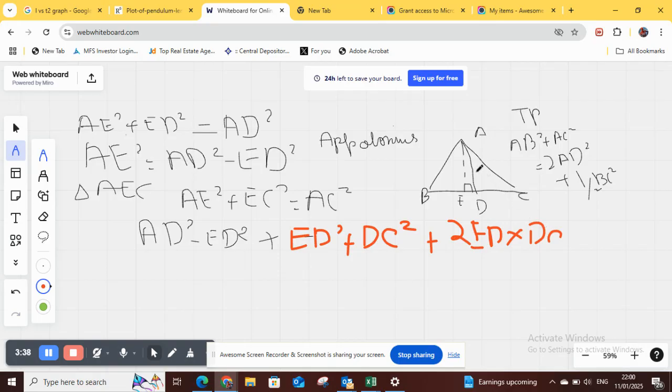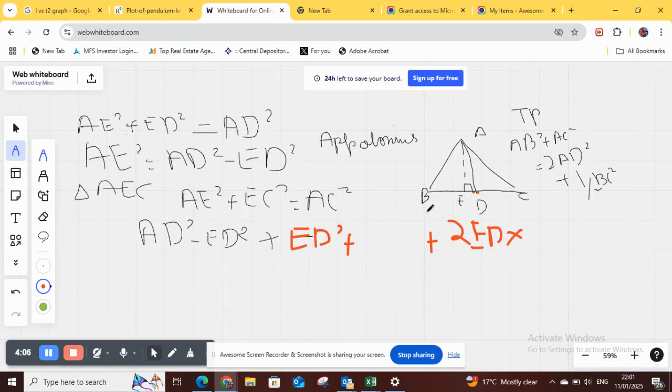Now you all know that DC squared, we can write DC squared as what? Half of BC squared, because we all know that D is the median. So DC is half of BC. We can write that. So let me do the changes here. I'm just removing the DCs because you all know what the result is.